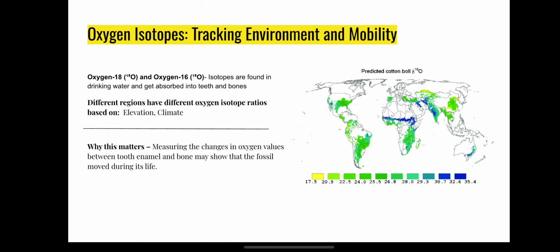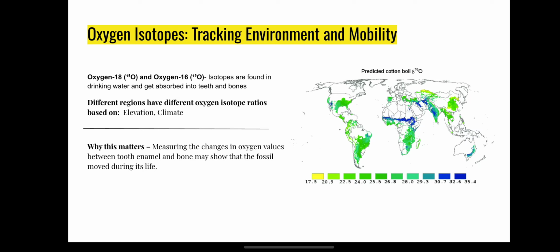This map over here shows predicted oxygen isotope values around the world. This specific one is based on cotton plants, but the pattern is the same for humans because it shows differing water sources. You can see that different areas like the coastal and inland regions have different oxygen levels.